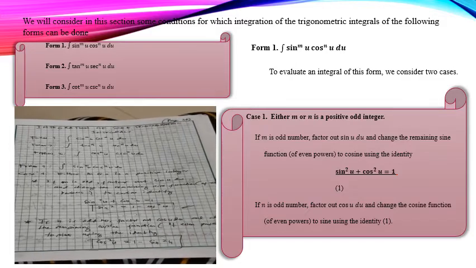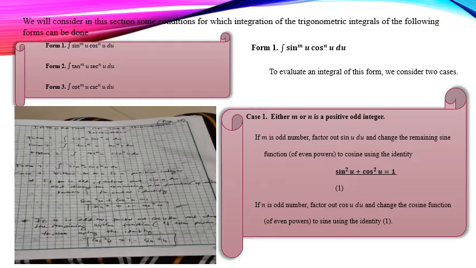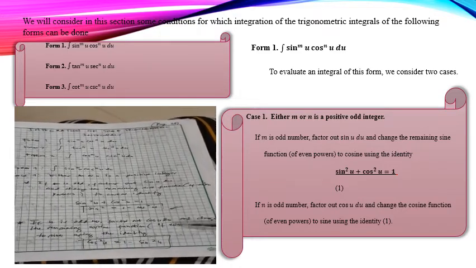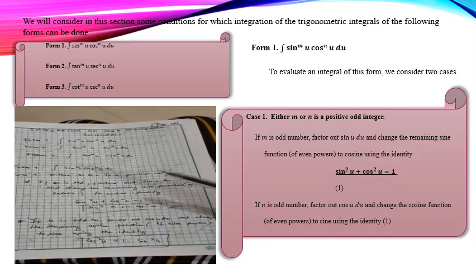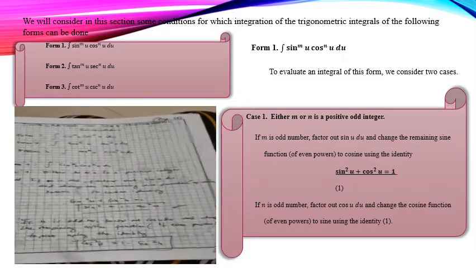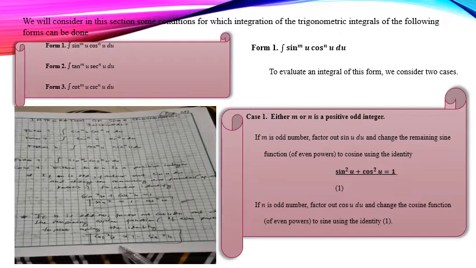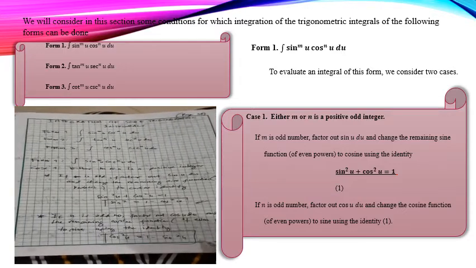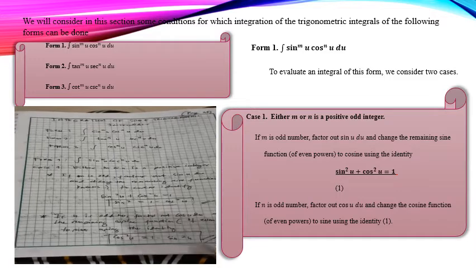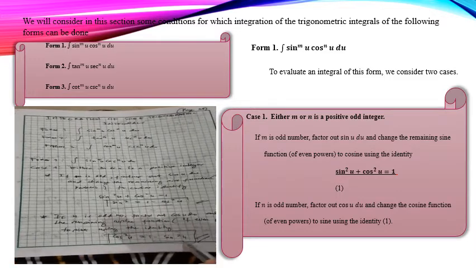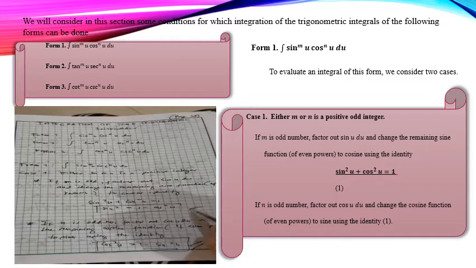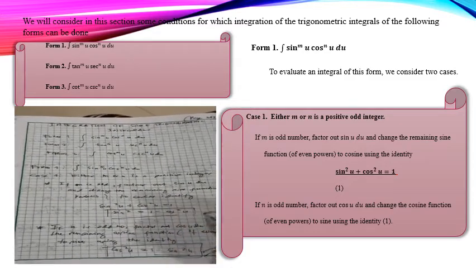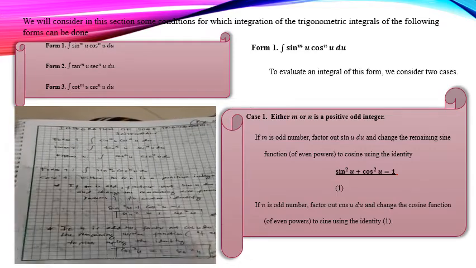Ibig sabihin, doon tayo magbabawas kay cosine ng isa. And then, yung remaining na cosine function of even powers is i-change natin siya using the identity na cosine squared u is equal to 1 minus sine squared u. Okay, sa condition 2 ng case 1, eto yung ipapalit natin kay cosine, si 1 minus sine squared u. Kapag sa first condition naman, kapag doon tayo nag-factor out kay sine, eto din yung gagamitin natin na formula.